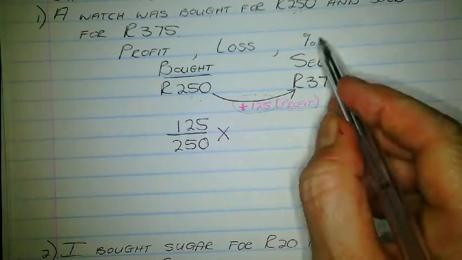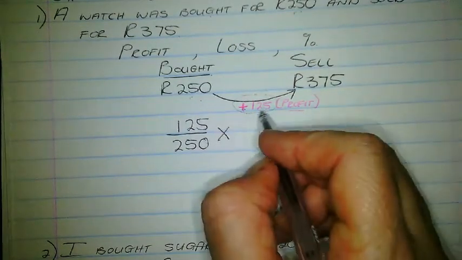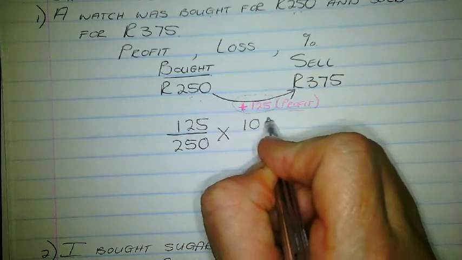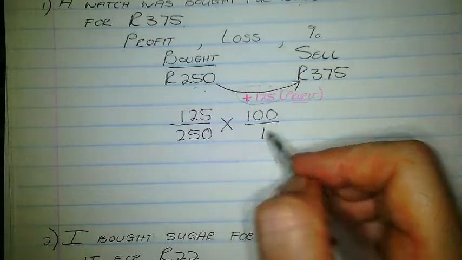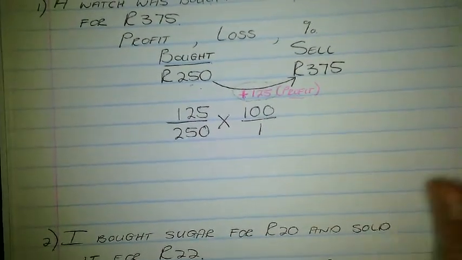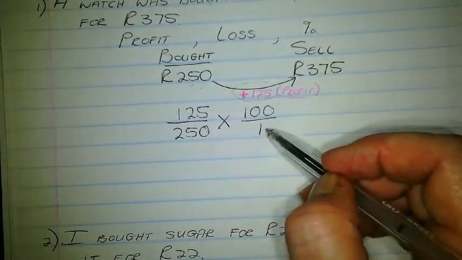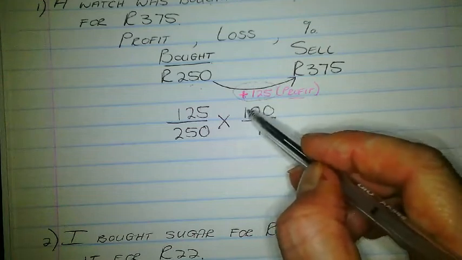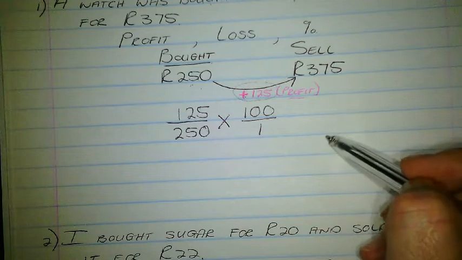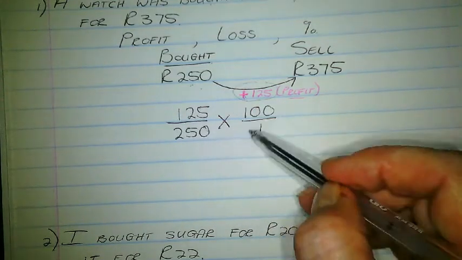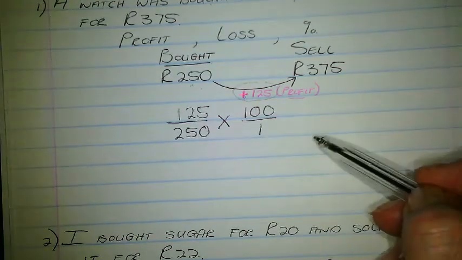To be able to calculate the percentage at the end, I'm going to multiply with 100 over 1. So if you think back of the converting of the percentages, the percentage sign means it's out of 100. Okay, in this case I want to convert it to a percentage, so you'll see no rand signs or anything else there.